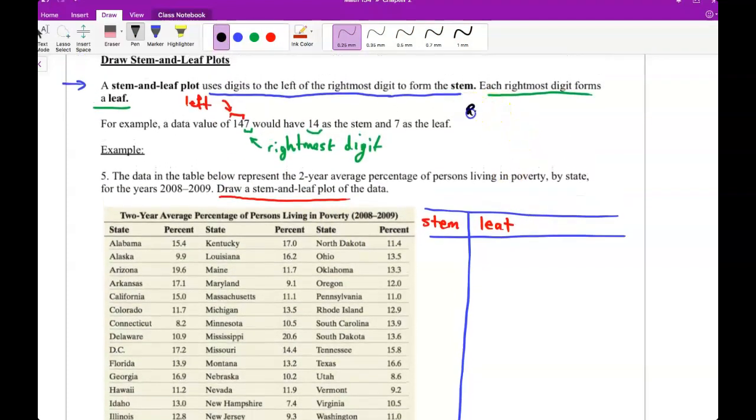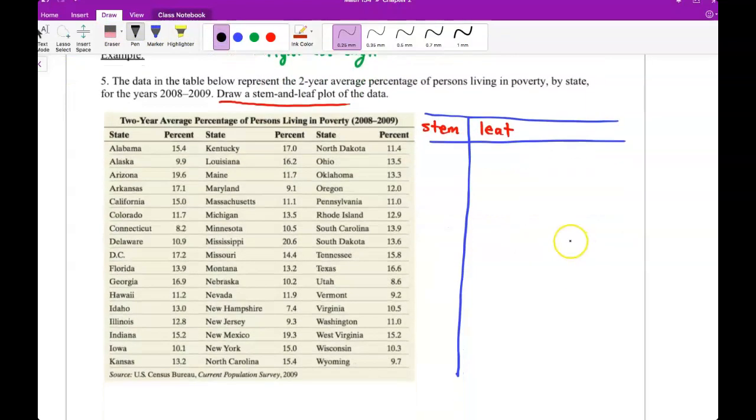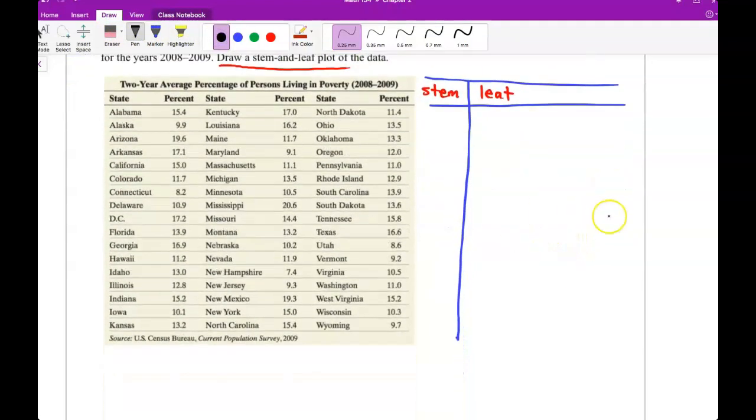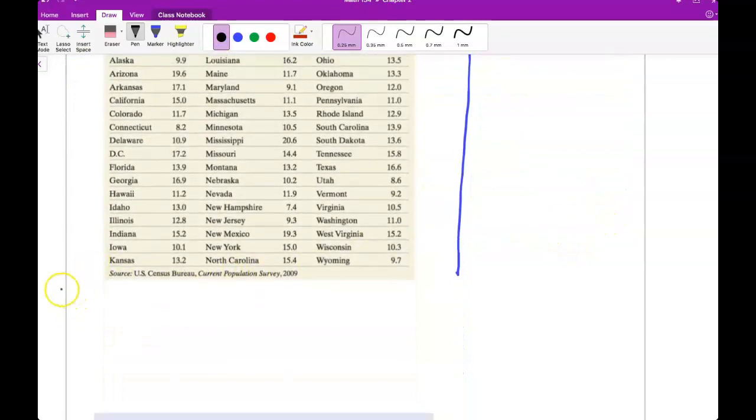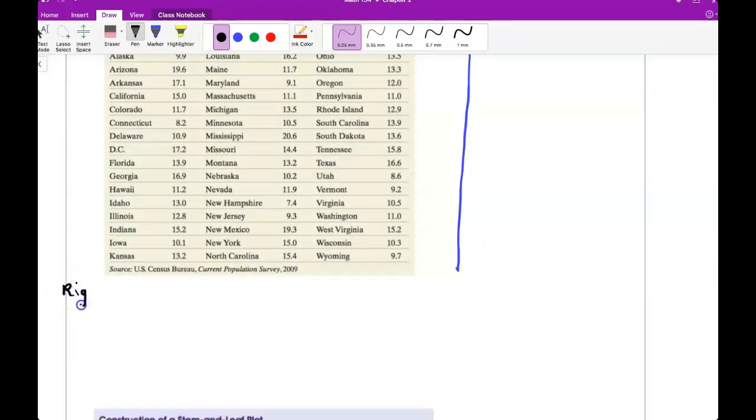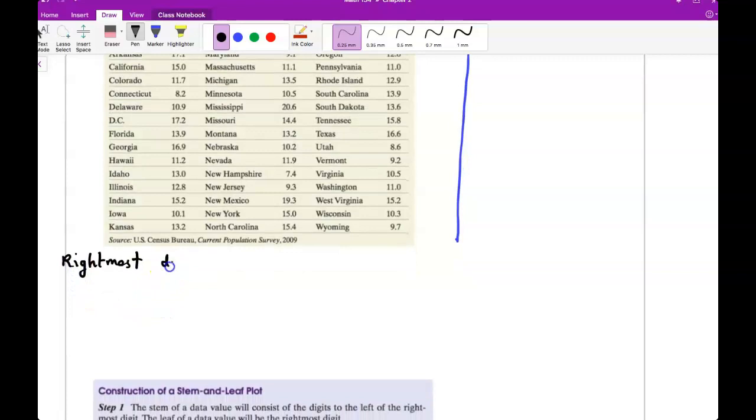So rightmost digit. Okay, let's write that here, because this is not for this example. The rightmost digit is the tenth place.